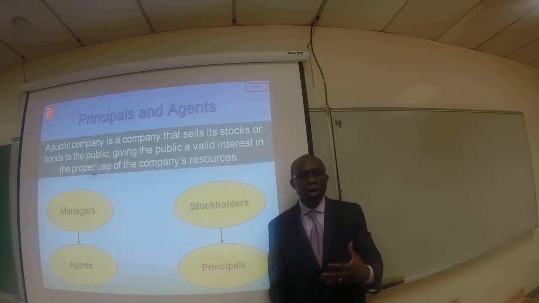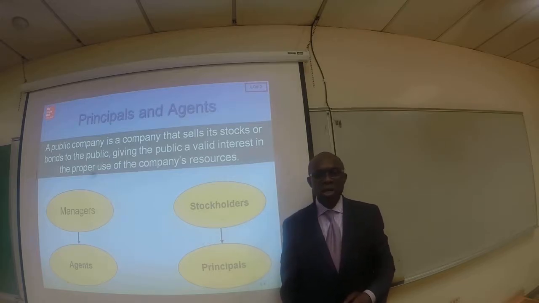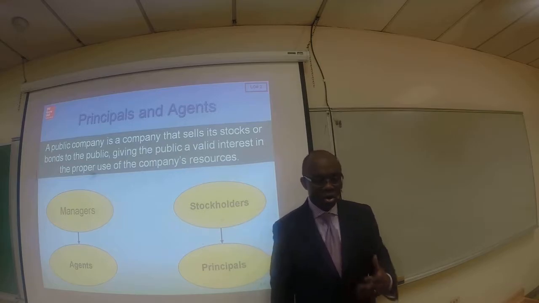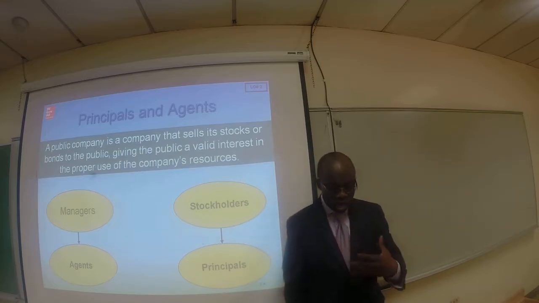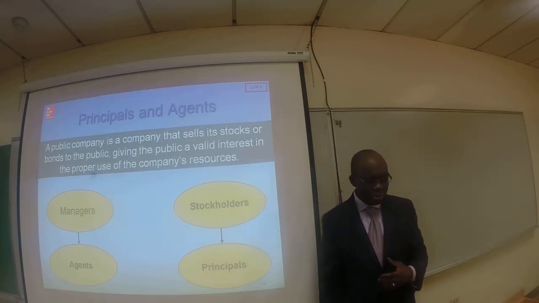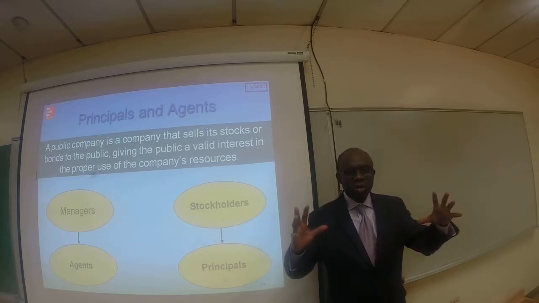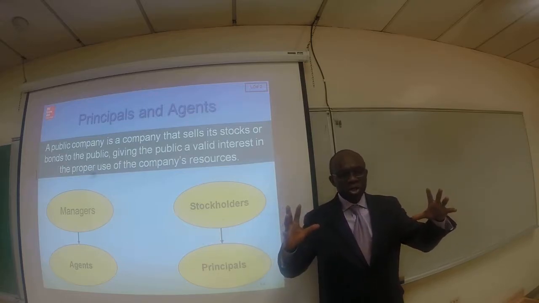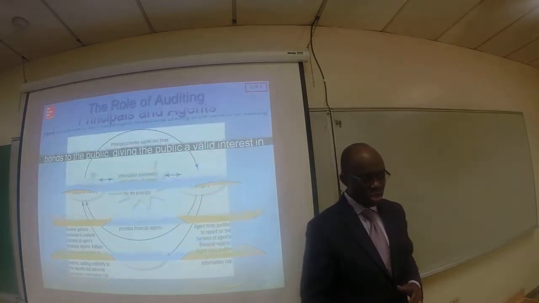So they are more or less agents working as agents for the stockholders or for the main owners. So the stockholders or the shareholders, they are the principals or the owners of the company. So that is usually how the arrangement works, and that is the relationship between principals and the agents.